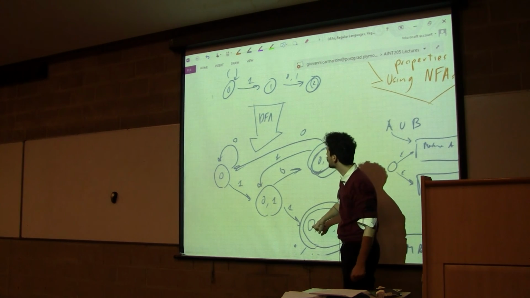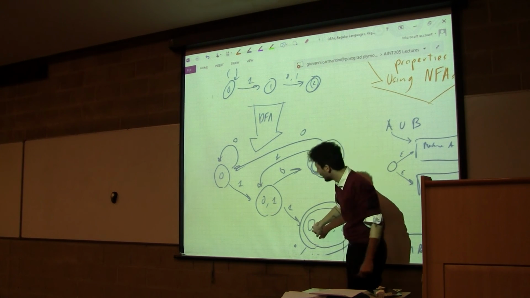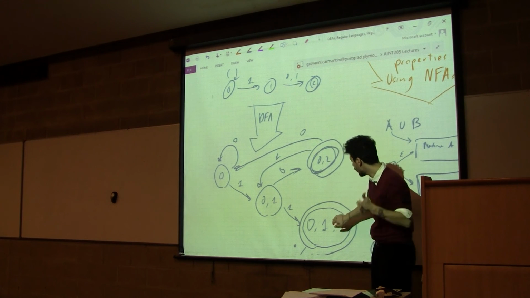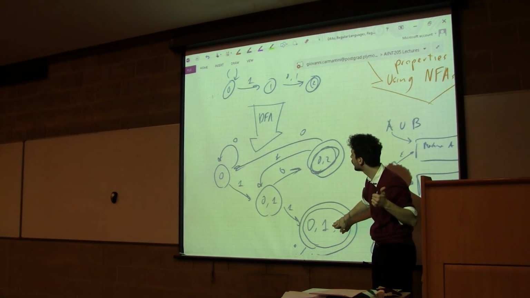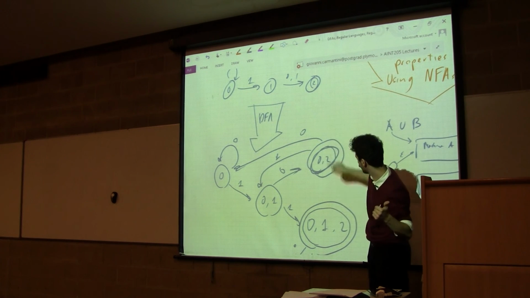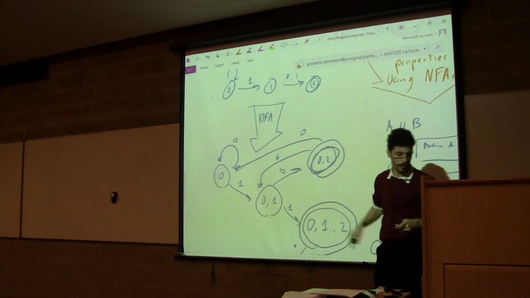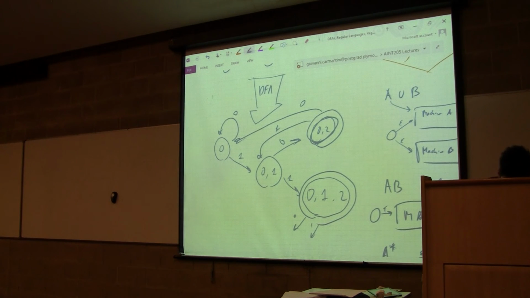If I apply 0 to 0, I go again in 0. If I apply 0 to 1, I go to 2. So now it's 0, 2. Perfect.